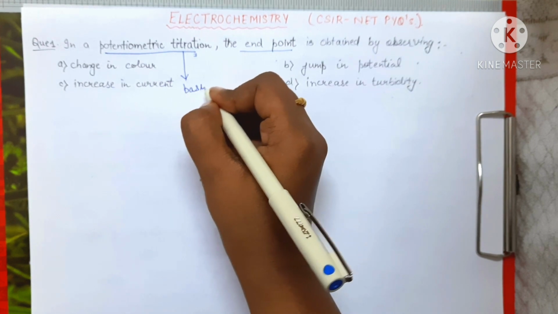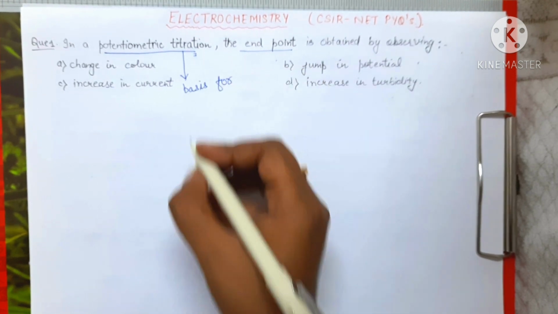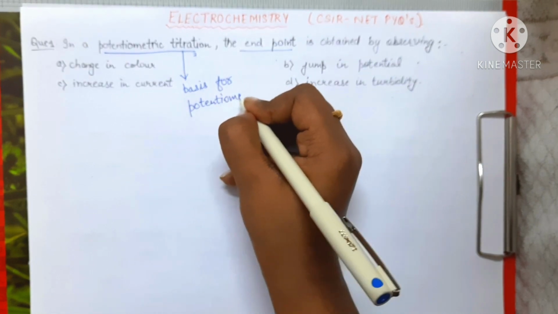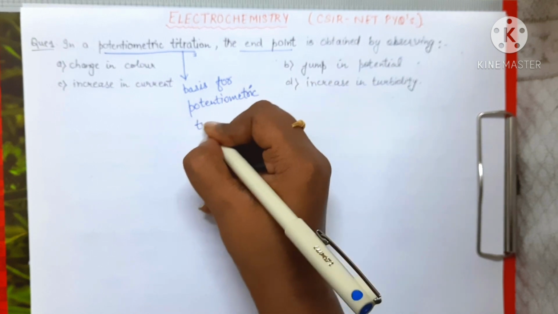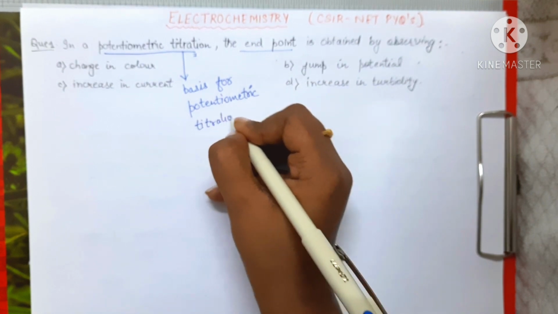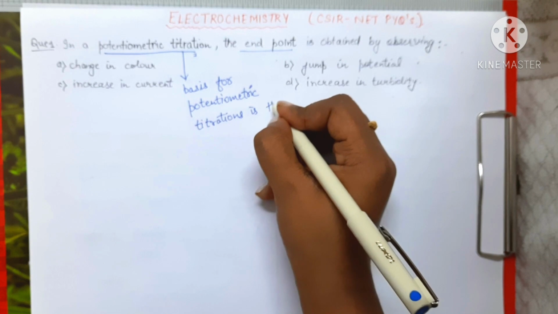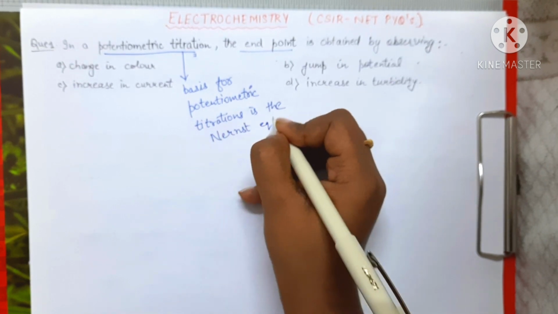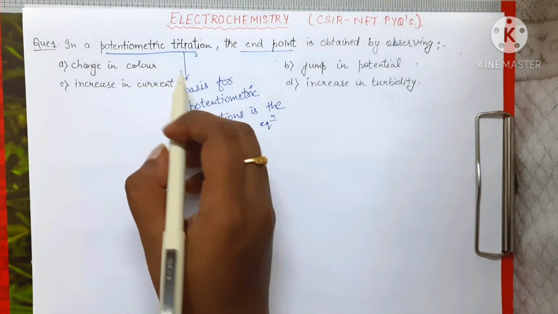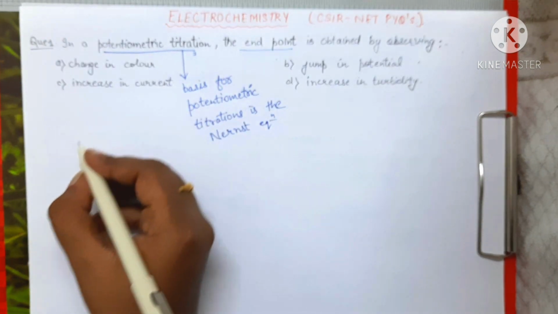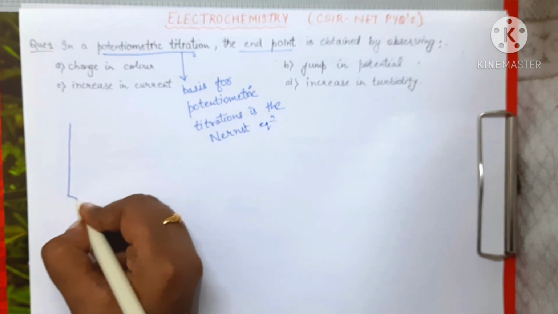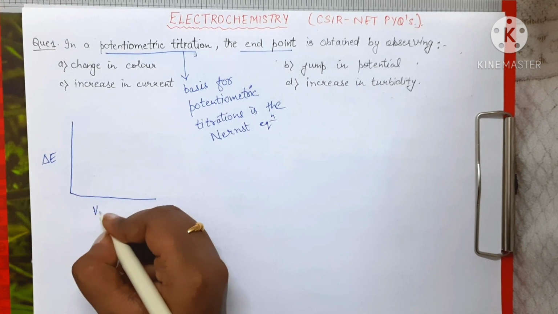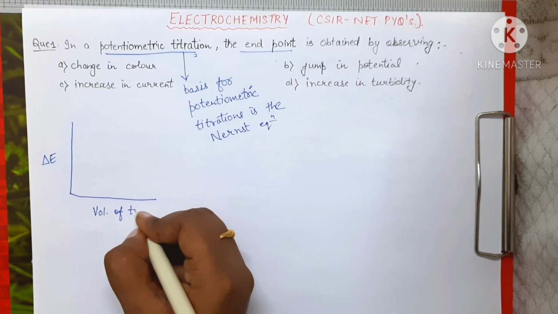The basis for potentiometric titrations is the Nernst equation, right? And whenever we perform a potentiometric titration, we plot a graph between del E versus volume of titrant.